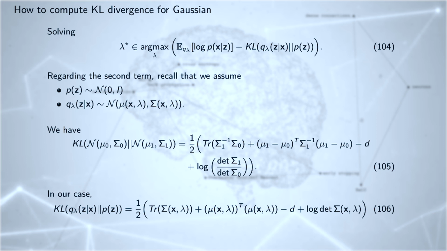Moreover, we have mentioned that it is sufficient to consider latent variables whose components are standard independent Gaussian variables. Therefore, the distribution we put on the latent variables is a Gaussian with mean 0 and covariance matrix equal to the identity. Finally, the result we use to compute the KL inside the ELBO is the one given in equation 106.